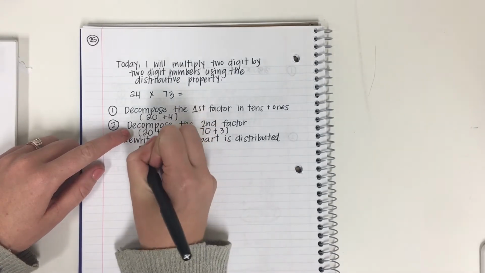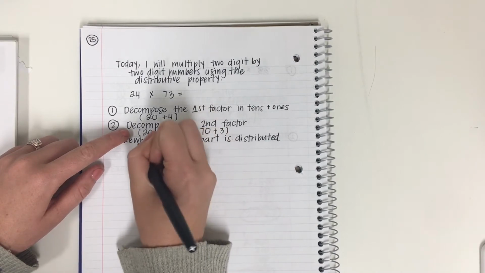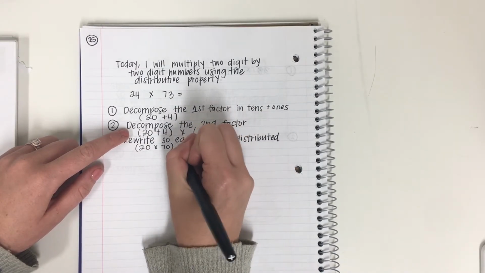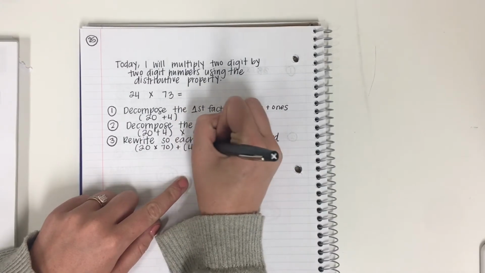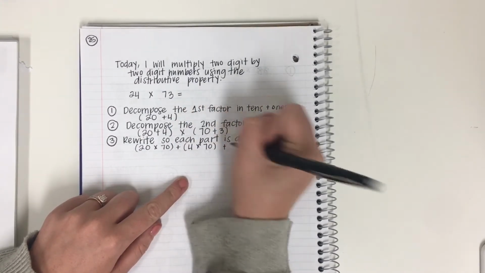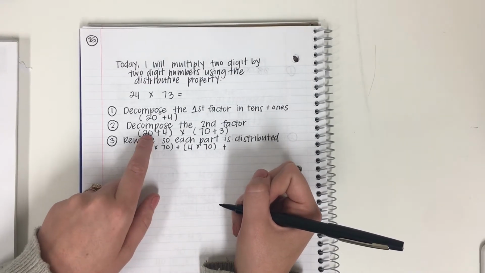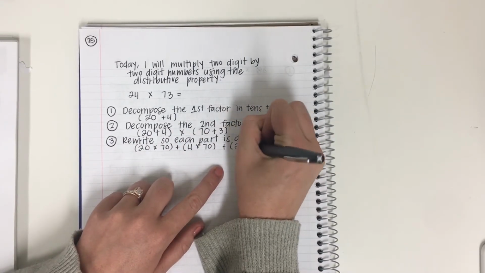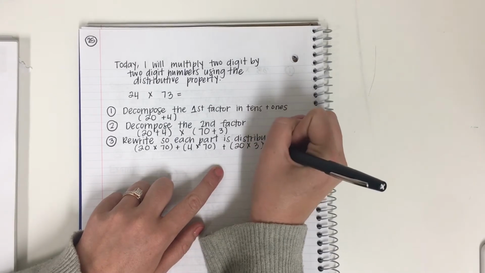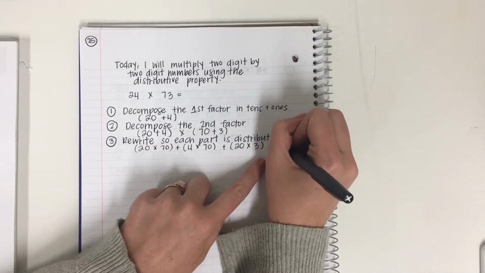So we're going to do 20 times 70 plus 4 times 70 plus 20 times 3 plus 4 times 3.